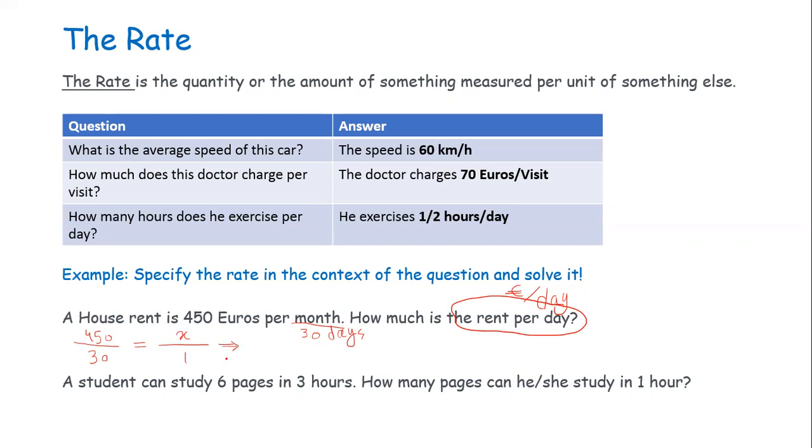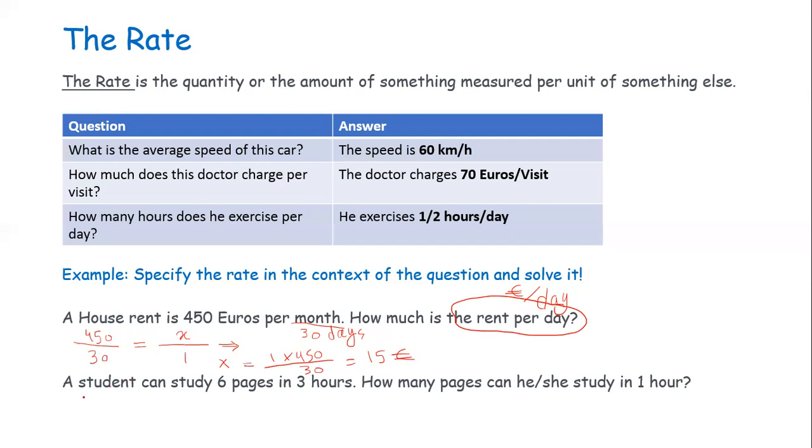So from this we get X is equal to 1 multiplied by 450 over 30, which is 15 euros. So X equals 15 euros is the amount to be paid per day.